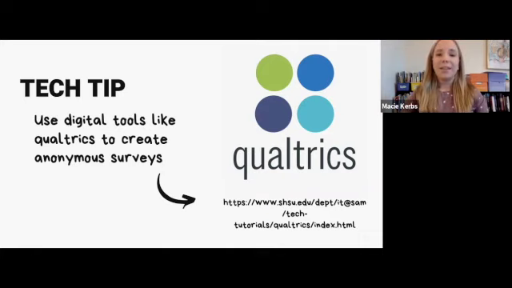The other reason I like it is it's 100% anonymous, so it doesn't take teacher information at all. With a Google form, if their name's going on it, sometimes their response might change. But with this, there isn't a way. I'm sure someone in the tech world could figure out how to track an IP address or something like that, but we're not going to do that. So rest assured that it's anonymous.